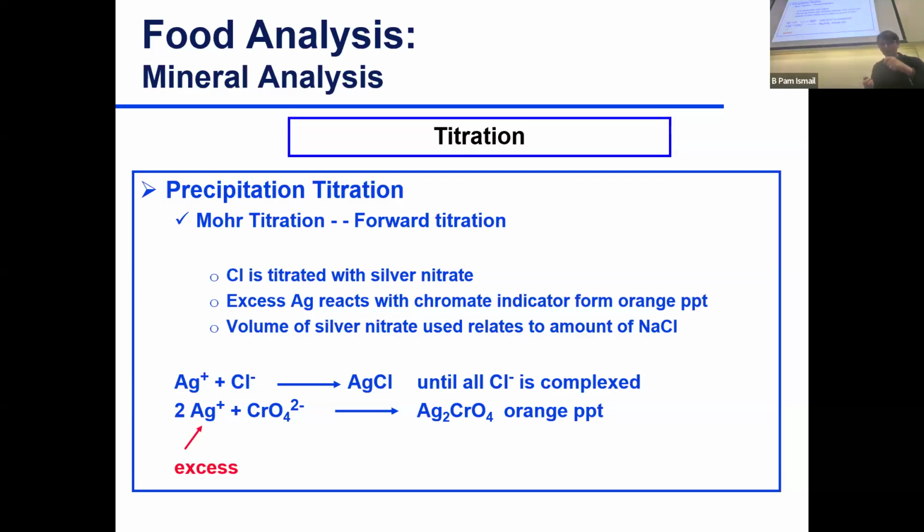So you titrate until you form silver chloride, and at the last drop, where all the chlorides have been taken up, the silver will react with the indicator and give you an orange precipitate. Very simple forward reaction, and it also has test strips that you can use to determine the concentration of salt.